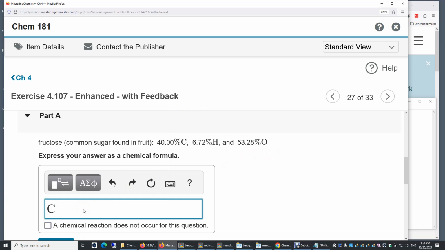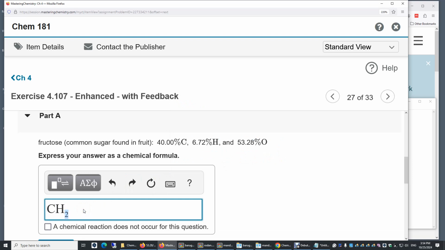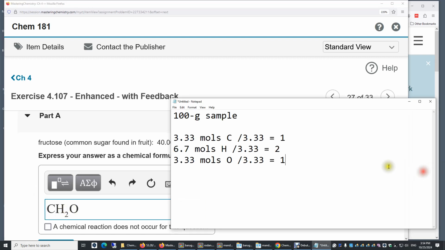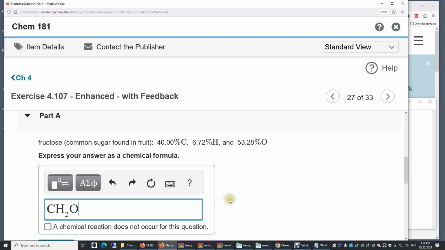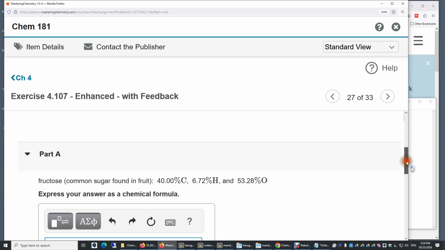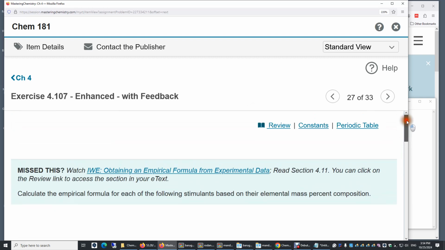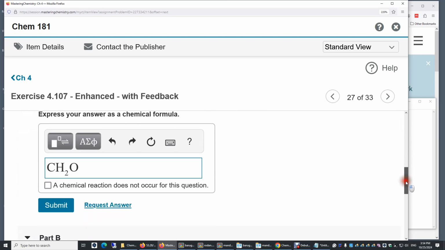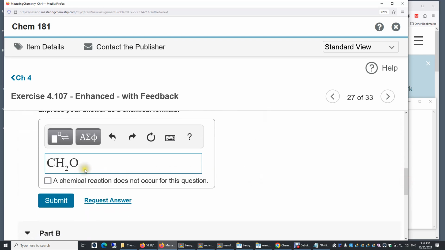So it's going to be 1 carbon, 2 hydrogen, 1 oxygen. Again, the ratio is 1 to 2 to 1. So that's the empirical formula. If we have the molar mass, we can determine the molecular formula as well, which should be an integer multiple of this.